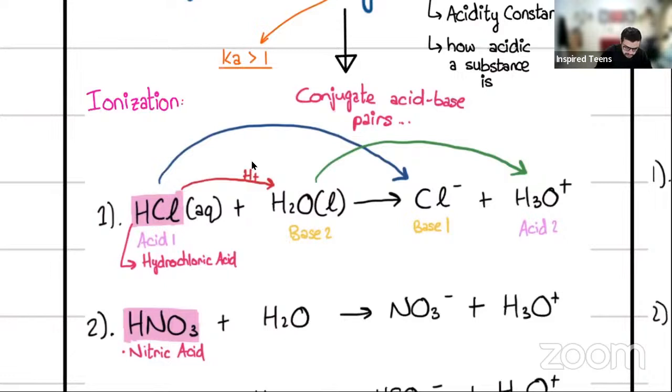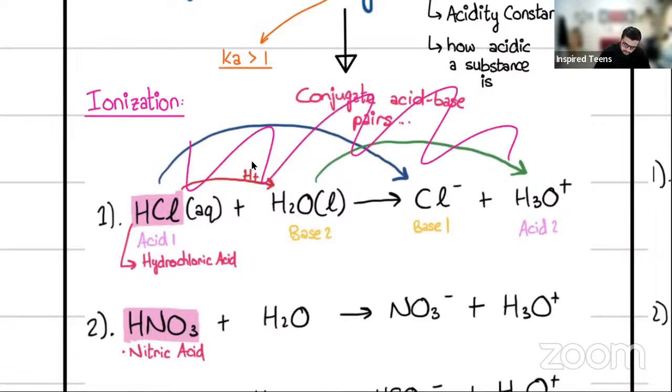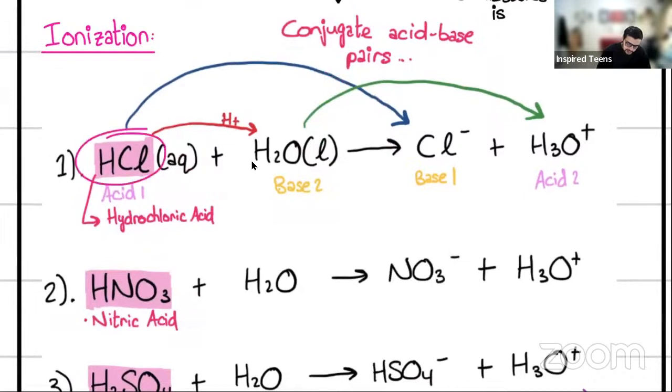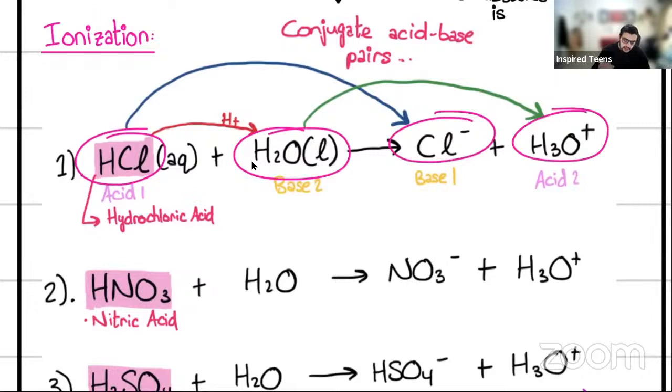All of these are ionization reactions, the ionization reactions of strong acids. Before we worry about all of that, let's just look at the reaction for what it is. We have HCl reacting with water to give us Cl minus and H3O plus.